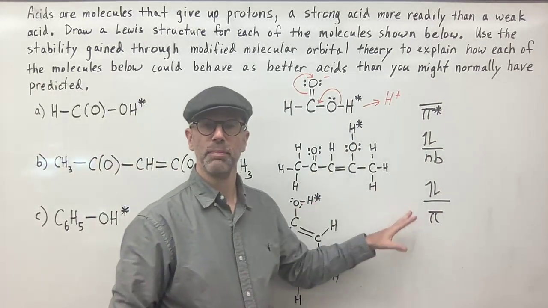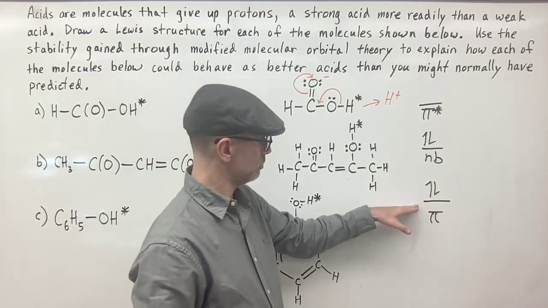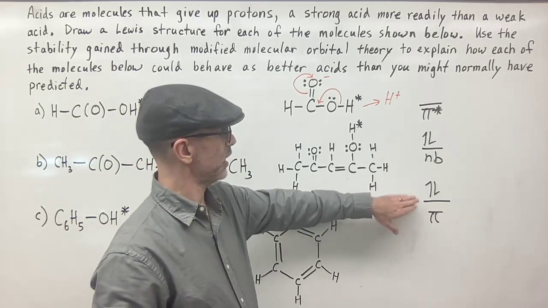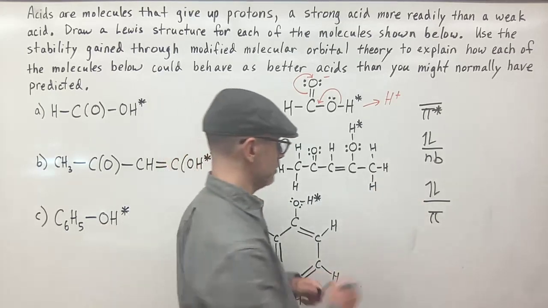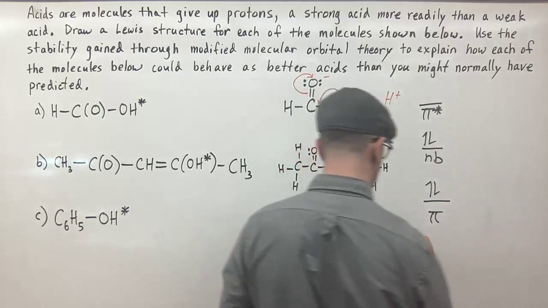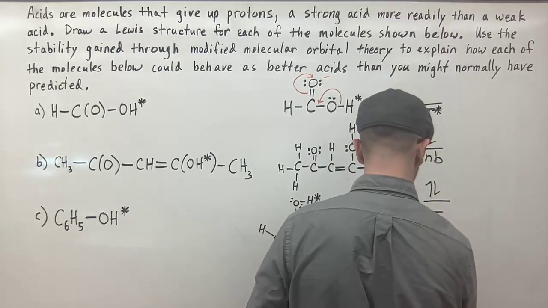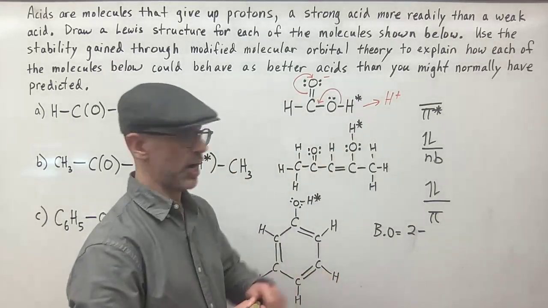So doing the bond order, if you were to calculate the bond order for this, it would be the number of bonding electrons, right? So bond order equals the number of bonding electrons, which is 2, minus the number of antibonding electrons, which is 0.